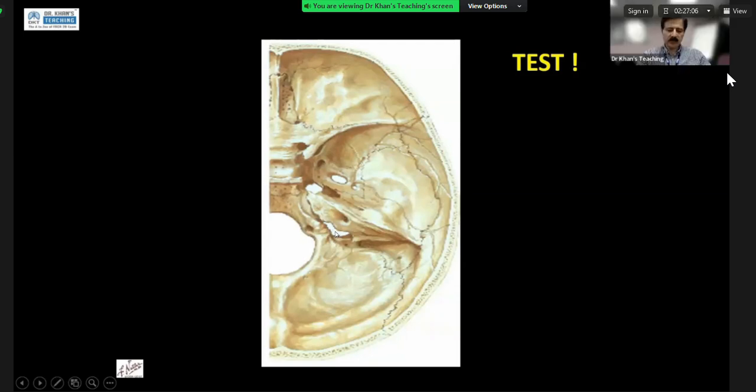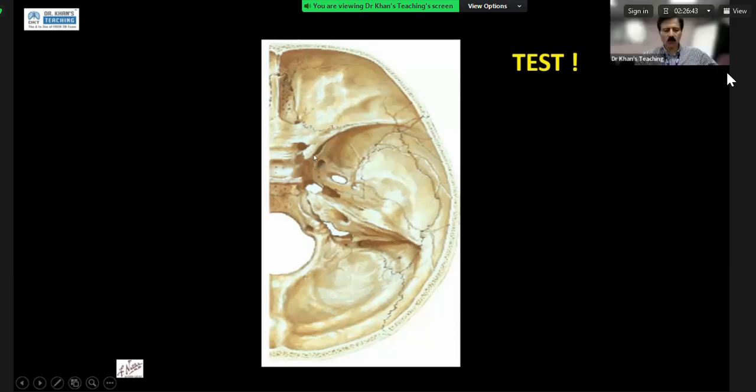Excellent, well done. And what is this? This one is the internal auditory canal, internal auditory meatus. Excellent. This one, foramen ovale, foramen spinosum. This one is the optic canal.